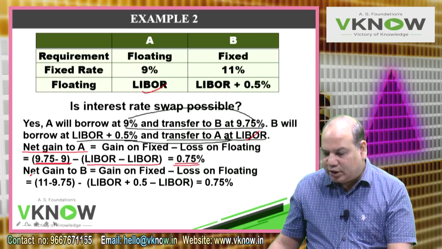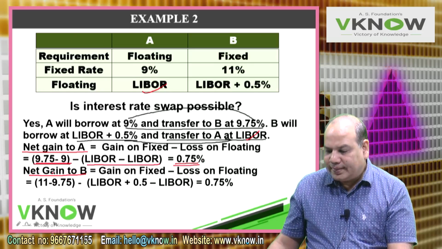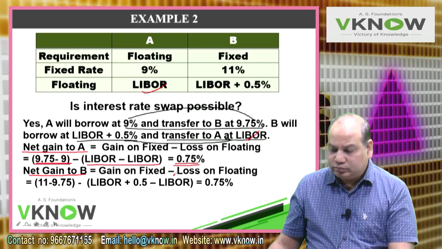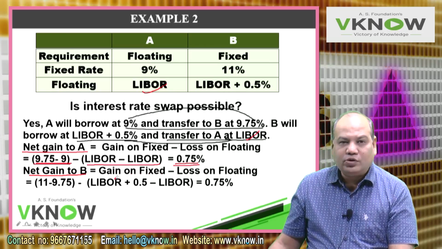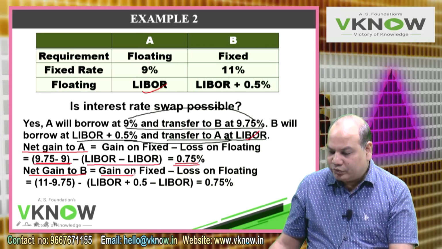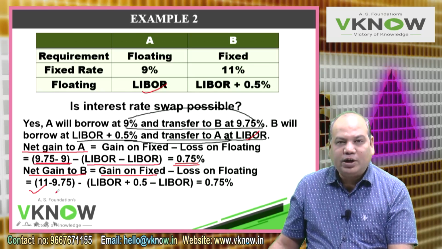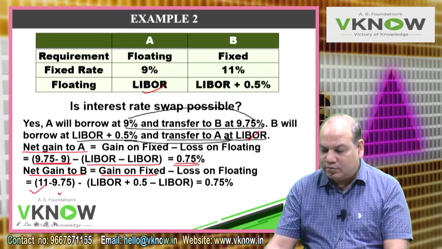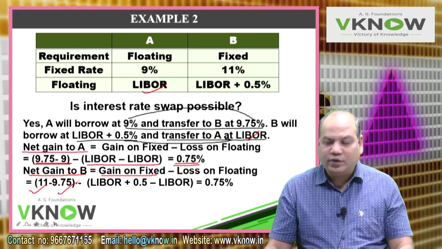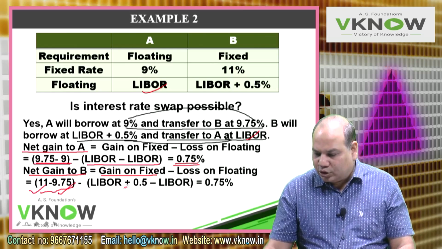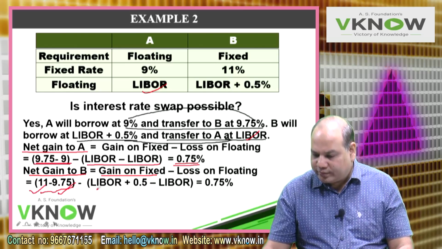Next heading, net gain to B. Net gain to B, gain on fixed rate minus loss on floating rate. Think about it. If B would have gone to borrow at fixed rate, it would have paid 11. With the swap deal, it is paying only 9.75. So this difference of 1.25 here is the gain. On the LIBOR front, it is losing.